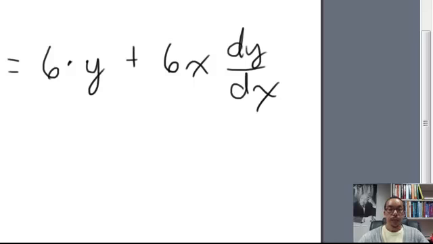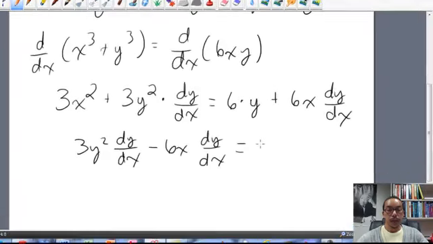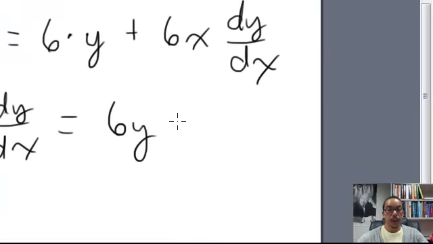Alright, so the next thing we do here is get the dy dx's on one side with everything else on the other side. So we have 3y squared dy dx minus 6x dy dx, and on this side we'll have 6y minus 3x squared.